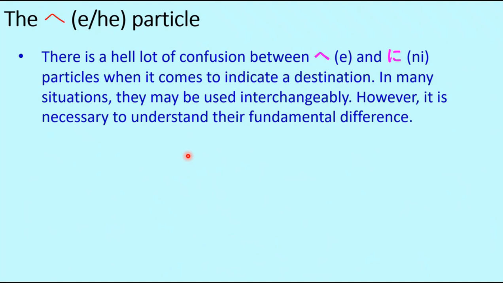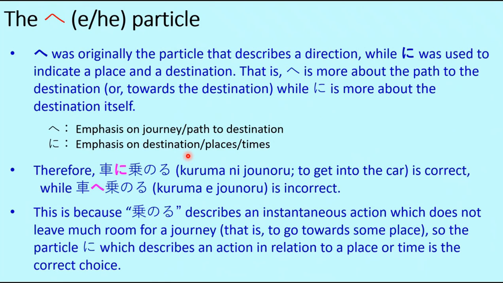What's the fundamental difference between e and ni particles, especially the ni particle when it comes to indicating a destination? The e particle was originally the particle that describes a direction, while ni was used to indicate a place and a destination. That means e is more about the path or direction towards the destination, while ni is more about the destination itself.